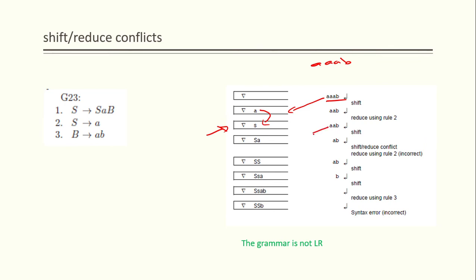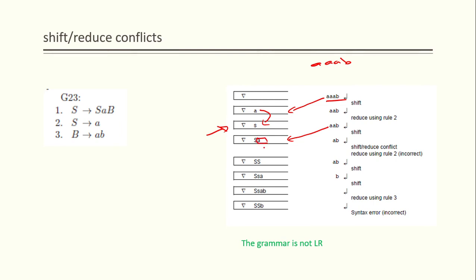Then what we need to do is to shift another input string. So SA. Okay, you can reduce using rule number 2 because you have A here.